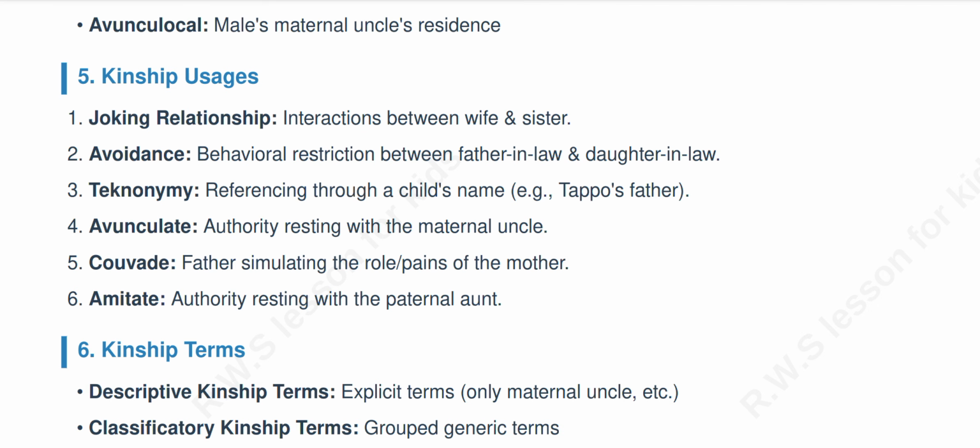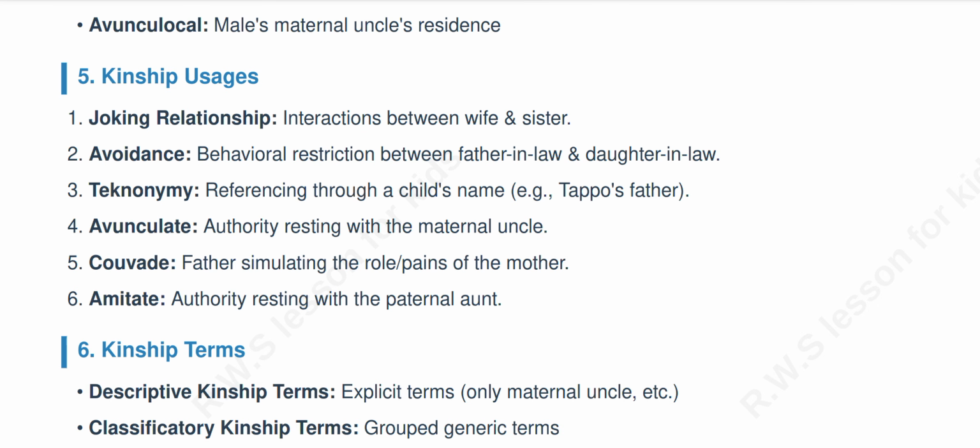Next comes avoidance, behavioral restrictions between father-in-law and daughter-in-law. Now this is important. Avoidance here means the father-in-law and the daughter-in-law are supposed to avoid each other. Why?